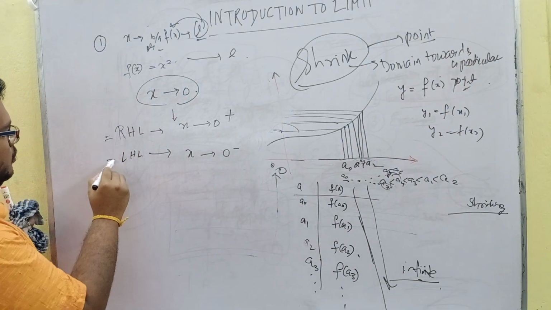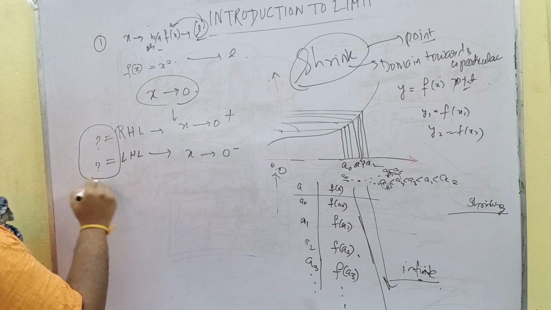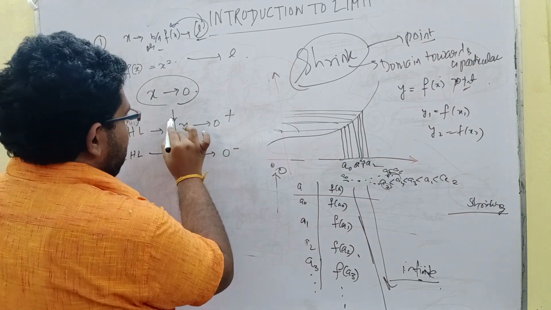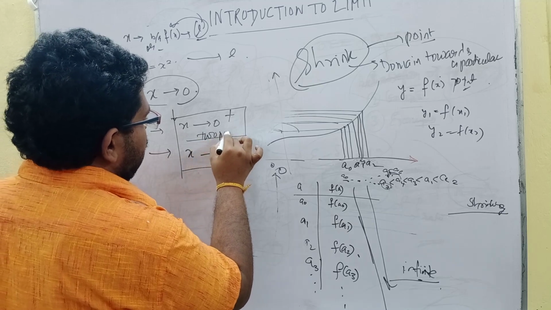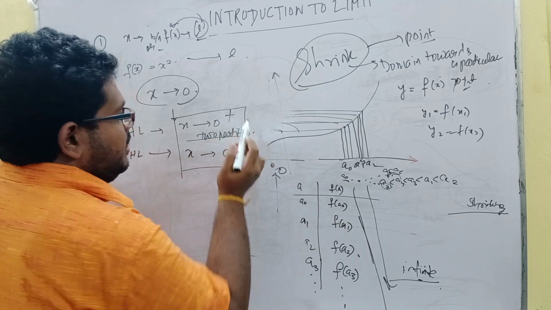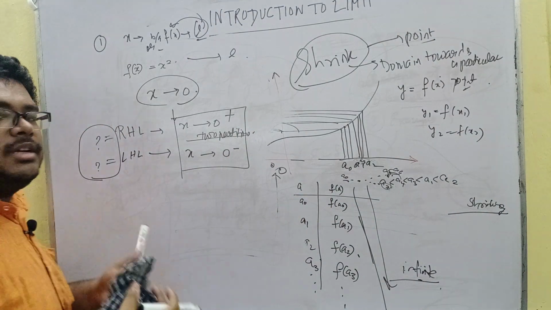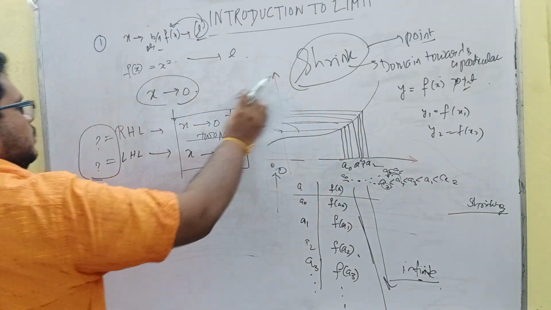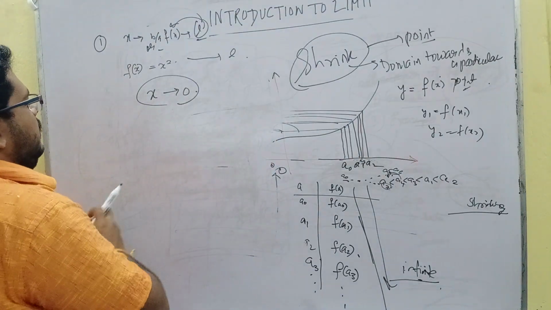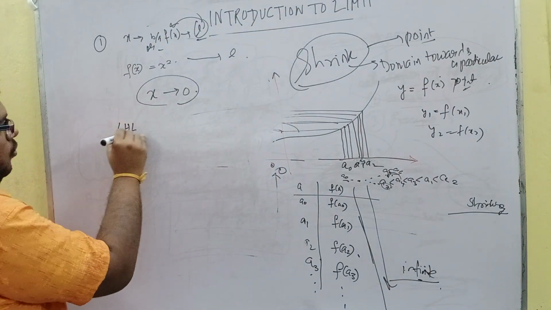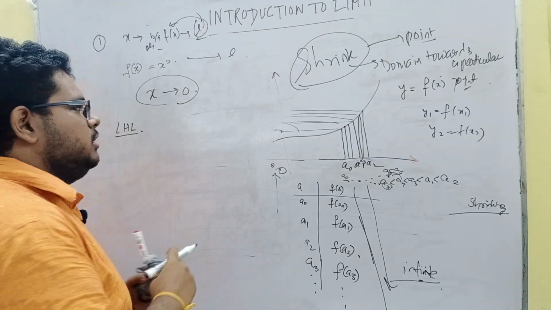So these are some values we will calculate, but the main domain we will be looking into is this. These are the two partitions of the point at which we are trying to analyze the limit. Now suppose we will find the left hand limit. How to do that? That is the main question over here.